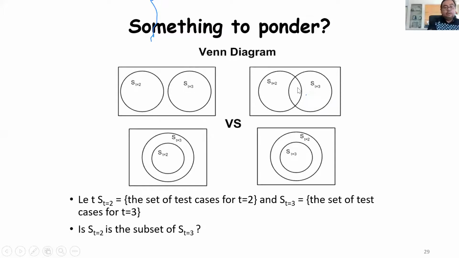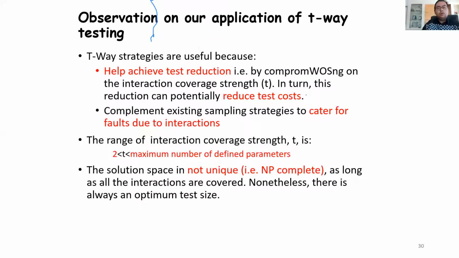Okay. Now, what we have learned: we have achieved test reduction, and then we cater for faults due to interaction. When we did T-way testing, if, for example, you did T equal to 2, whenever you run the test and you found no error, we can conclude that this software has no pairwise interaction fault between all the variables, all parameters.